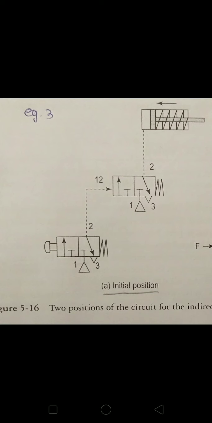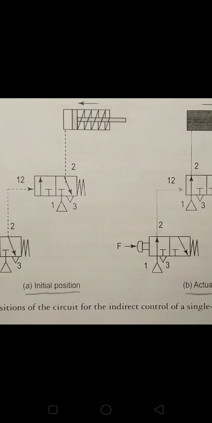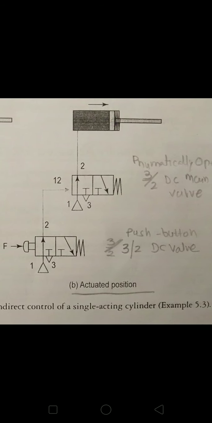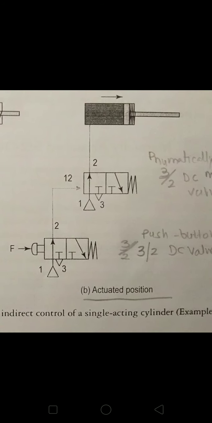When the push button of the 3/2 DC valve is applied, 1 is connected to 2, so the compressed air passes from 1 to 2 and to 12. The number 12 shows the pilot port, which is nearby that arrangement.